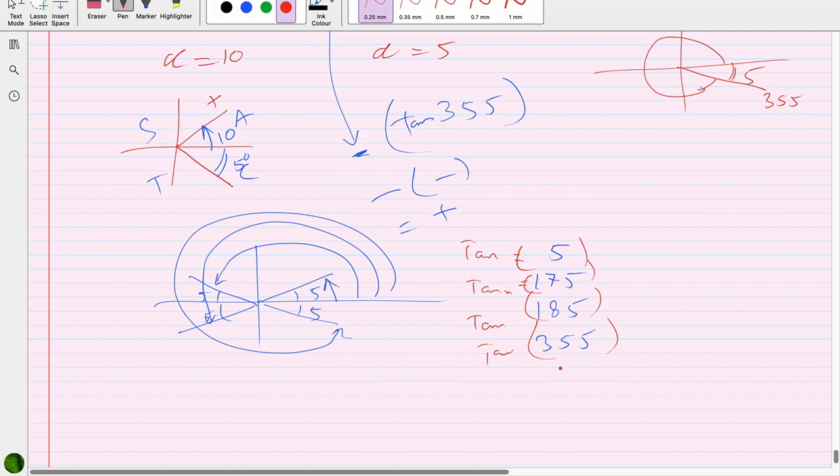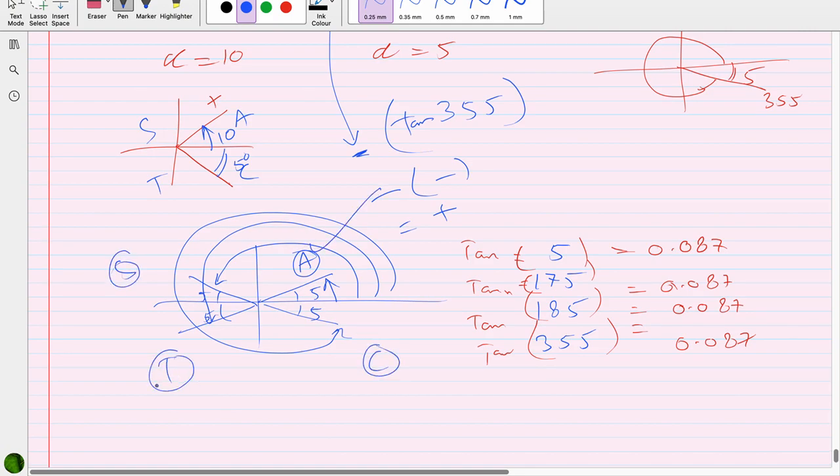So tan of 5 is 0.087. All of these will have a numerical value of 0.087 because the basic angle is the same. That's why they have the same value. But we know that add sugar to coffee, first and third will be positive, and the remaining two are negative.